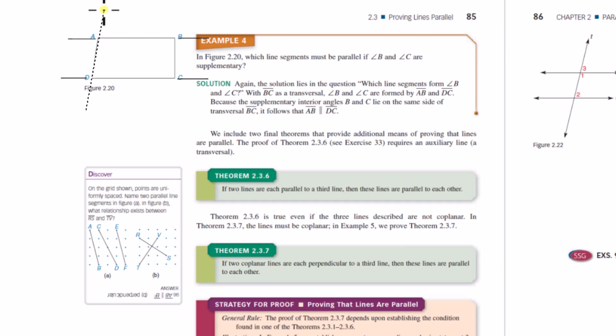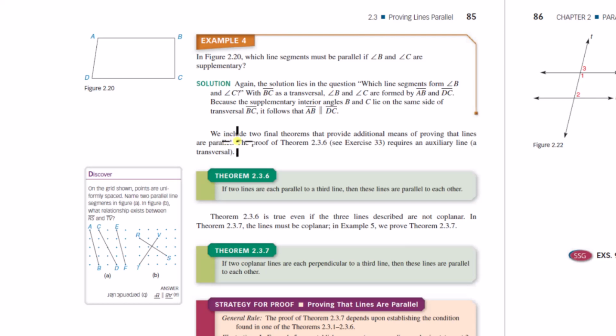Okay, and then if angle B and angle C are supplementary, then we can see those are interior angles on the same side of this transversal BC. So lines AB and DC must be parallel. And now we can get rid of those lines and just use those as an aid. So AB and DC must be parallel.